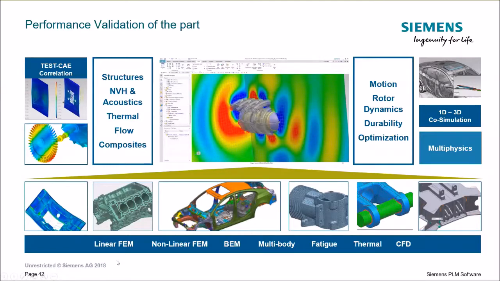All these things are available there using different solvers in linear and nonlinear areas, and applying also different fatigue and CFD methodologies. All these are also combinable with test and correlation, so the technology is there. Normally, it's also important to validate your virtual models before you start making additional studies. And test and correlation is a very powerful tool for doing that.